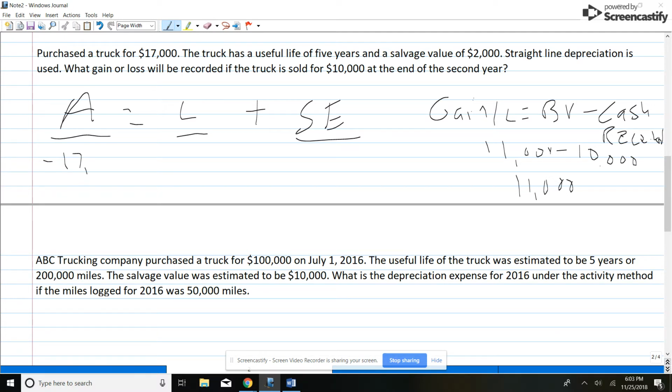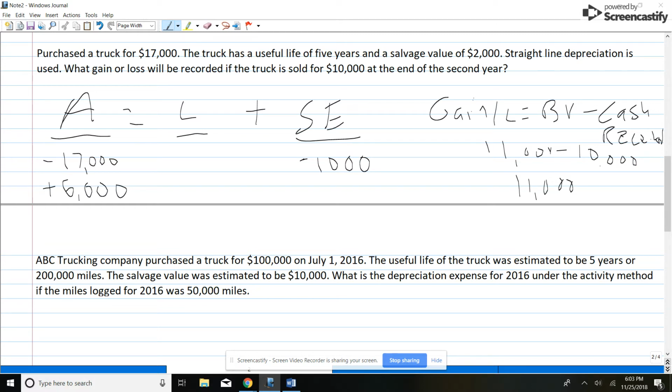So we're losing 17,000 in assets, and then we're also clearing accumulated depreciation. Since we're getting rid of a contra asset, it's actually going to increase assets. And then our gain or loss is going to be over here for 1,000.